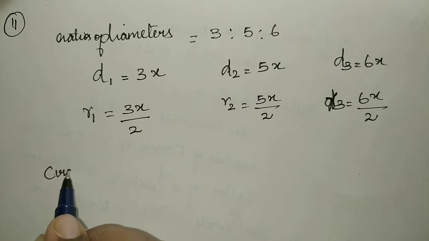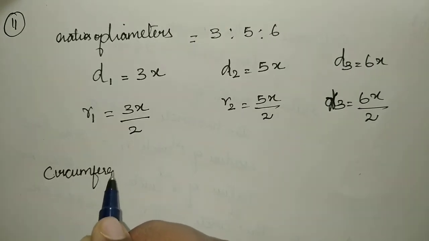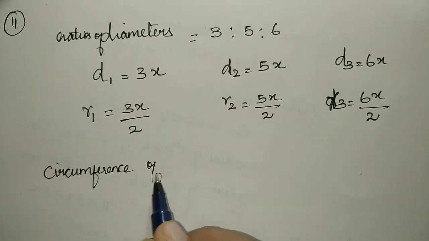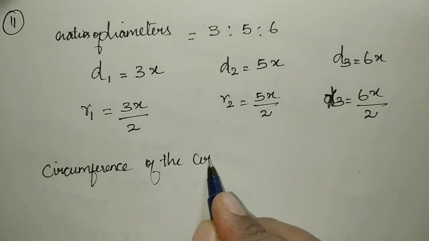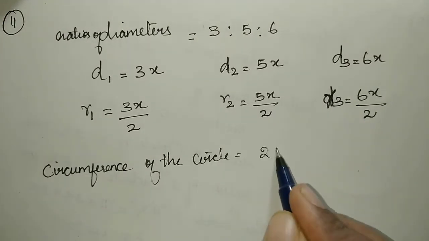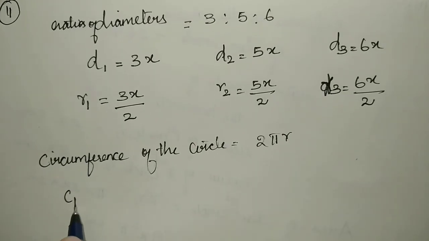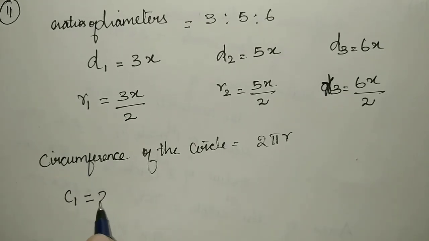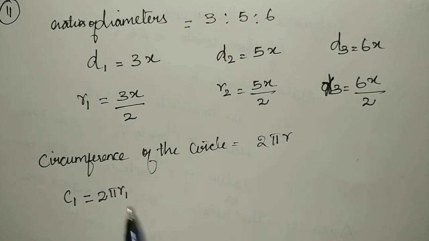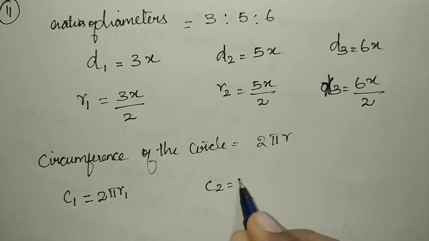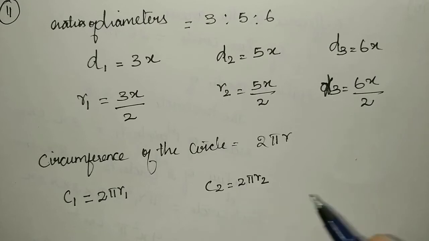So, the circumference of the circle is equal to 2 pi r. Let it be C1. First we have to find it for the first circle. C1 is equal to 2 pi r1. C2 is equal to 2 pi r2.